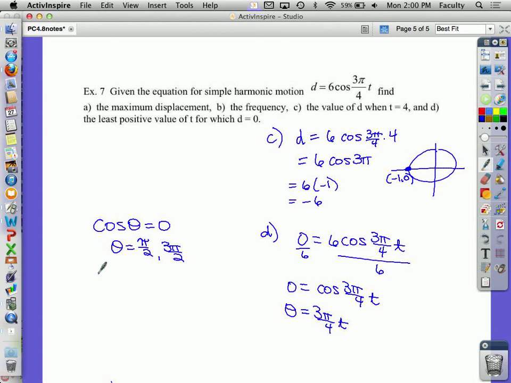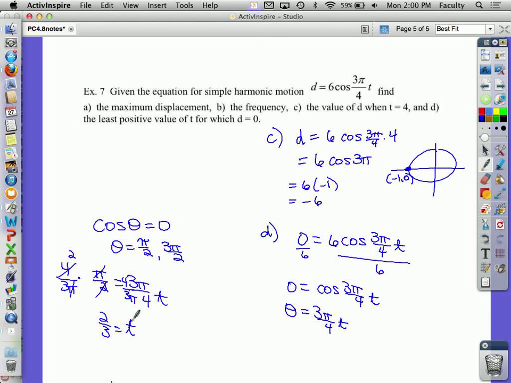If we know what theta is, let's start with the first one, pi over 2, and set it equal to the 3 pi over 4 t, we can figure out what t is, can't we? Very, very doable. So then we're going to multiply by the reciprocal, 4 over 3 pi. The pi's cancel, and 2 goes into 4 twice.